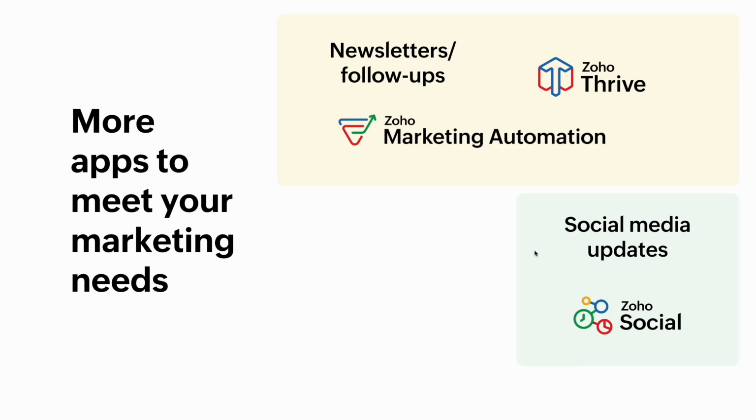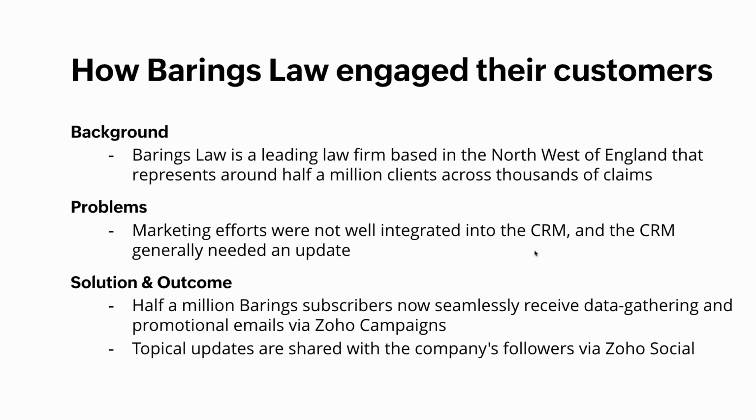But we're going to take a look at another case study. This is Barings Law. Barings Law is a company that used to use a CRM that was not integrated with their marketing efforts at all, not integrated with their social media platform.